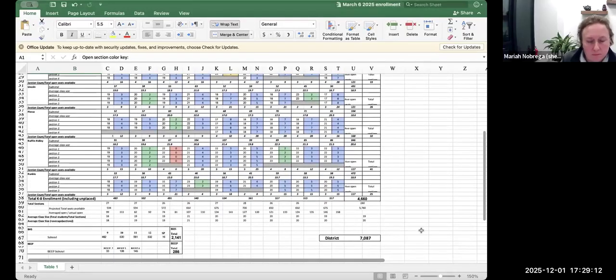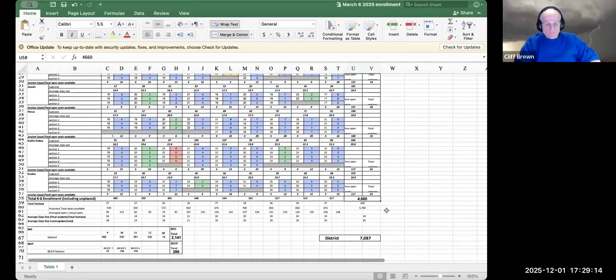Okay. So I appreciate that this is a projection, or this was a projection. And maybe you could go to the DESE report on the DESE website and look at how many elementary school kids are there.